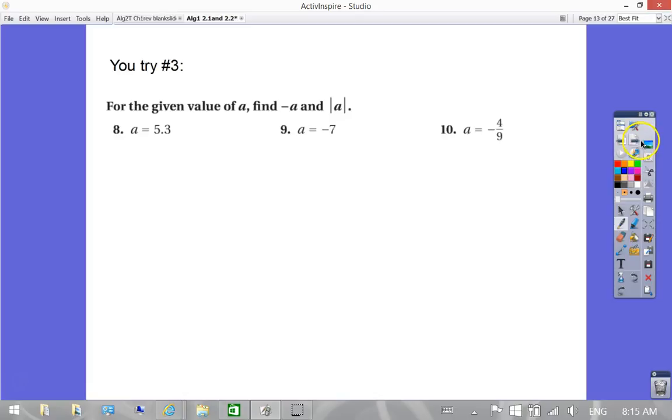So you try, of course, these. Find absolute values. And I won't even pause the recording.